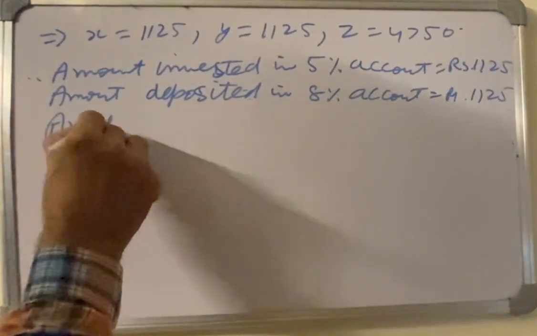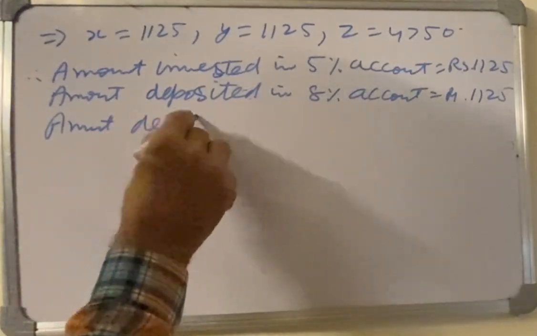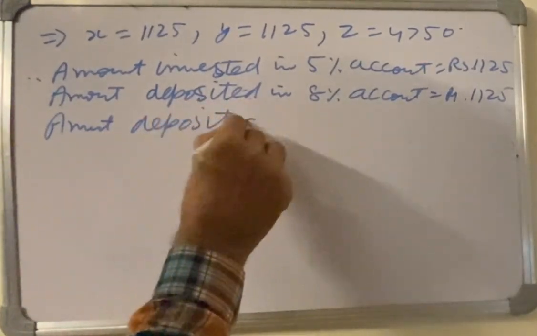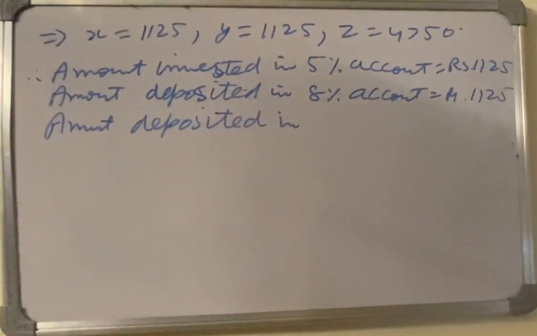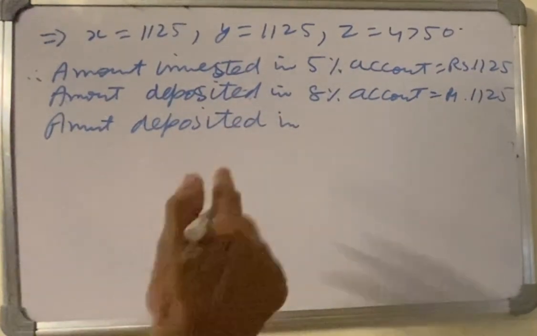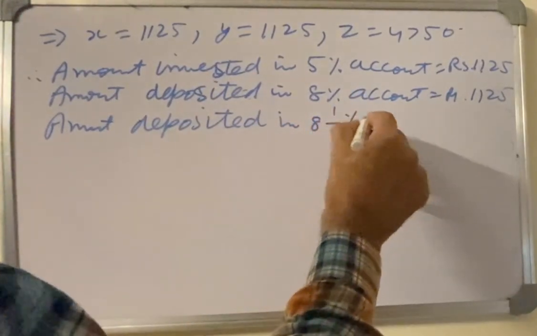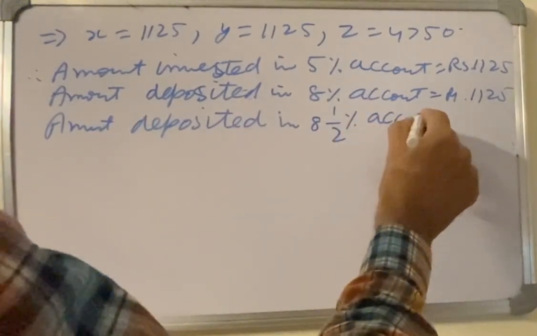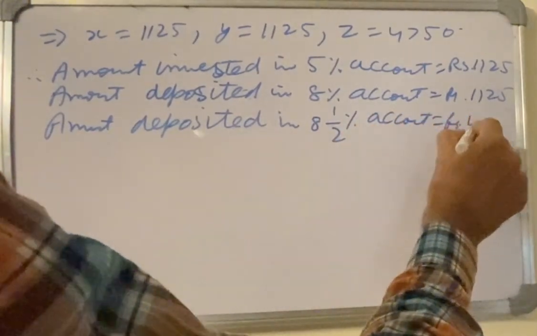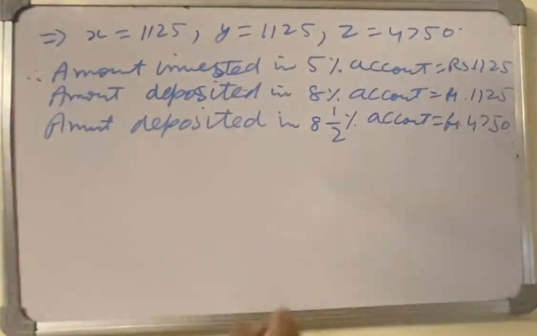Then the amount deposited in the 8.5% account is equal to rupees 4750.